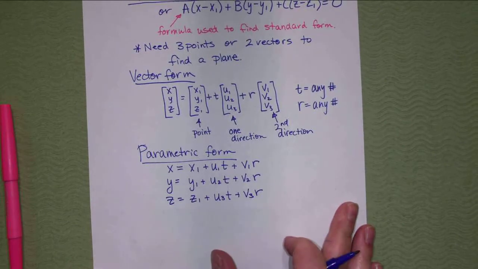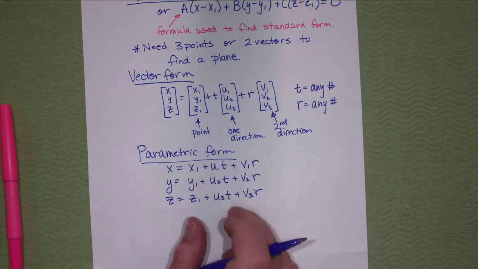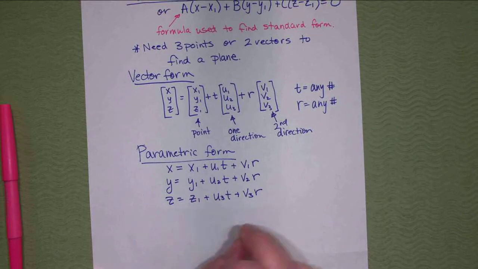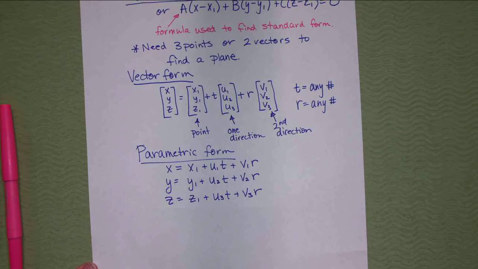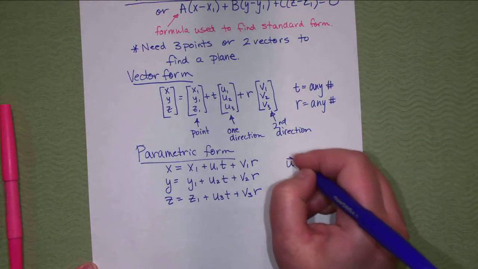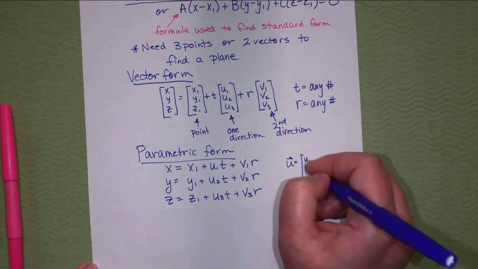And I don't have arrows on these V's and U's because they're actually the components of the vector. They're not actually vectors. They're the parts in the vector, right? U is a direction vector with these numbers in it.